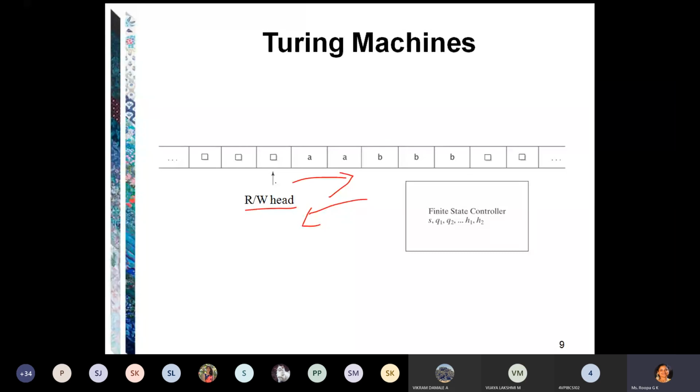Input can be read from left to right for all three machines. But if we are able to use the read-write head, then we can move from right to left also. So these machines are especially used for recognizing decidable and semi-decidable languages.